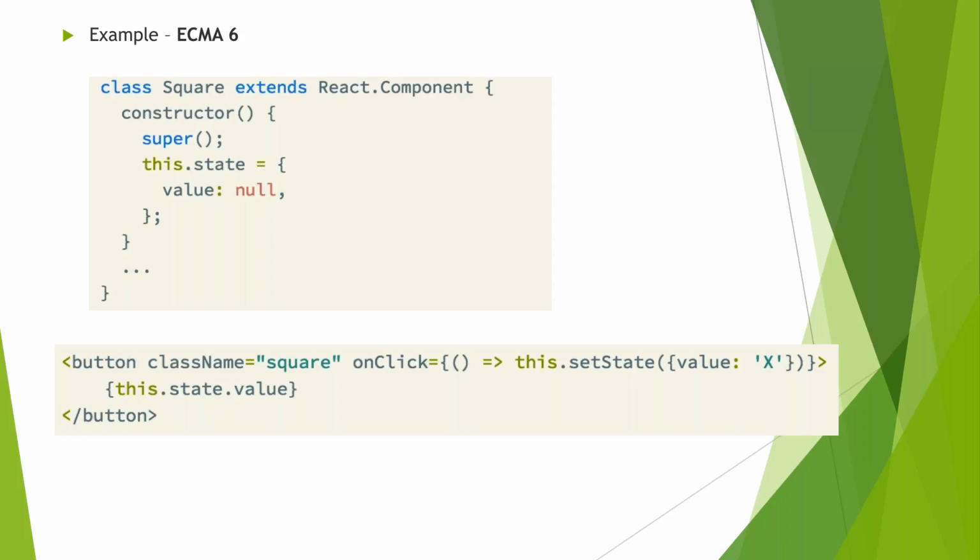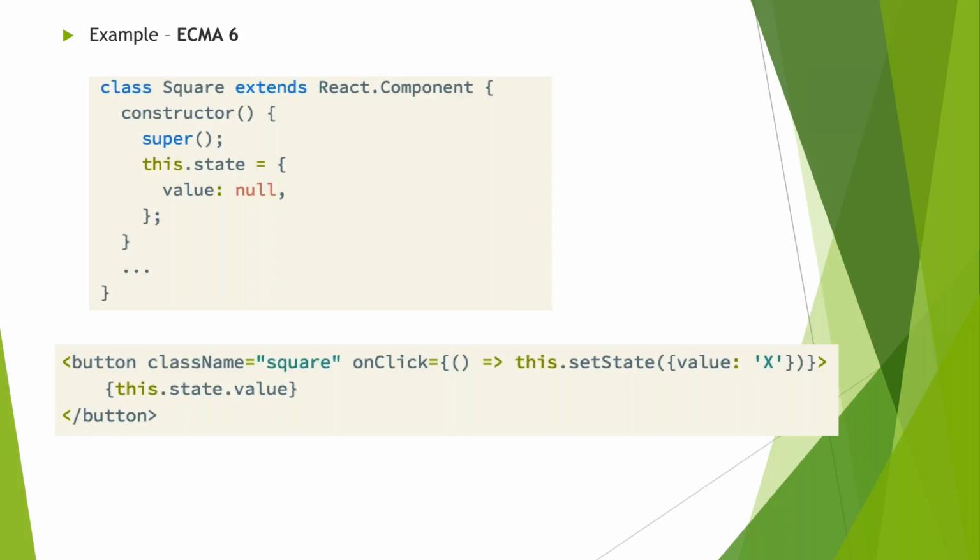Both are going to do the same thing, but there is a difference in both the ways. One way is called a set state function, and one way is just writing this dot state dot value. That is very similar to how you assign this value. But if you call a this dot set state function, in addition to setting the value, you are actually going to call the render function again.